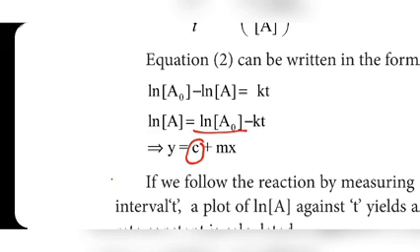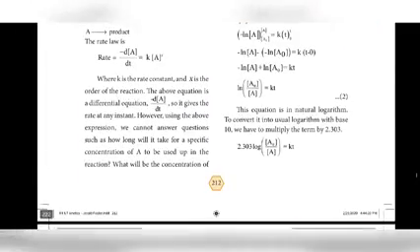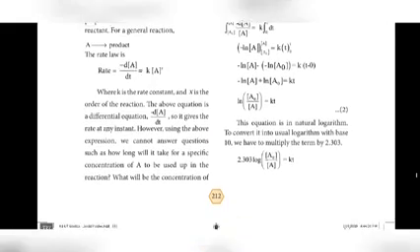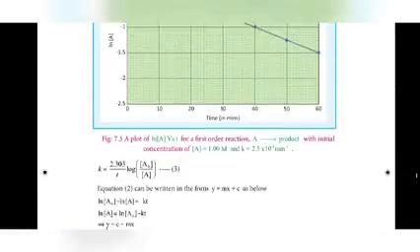For that, to explain graphical representations of the first order reaction, you have to explain from this equation till the last, y is equal to mx plus c, till this equation.